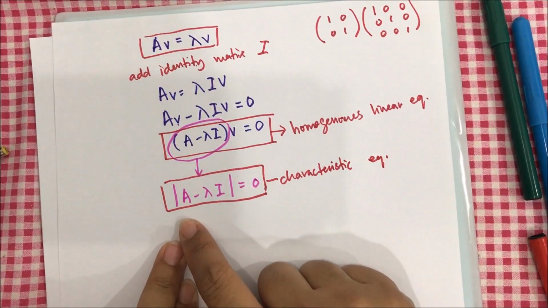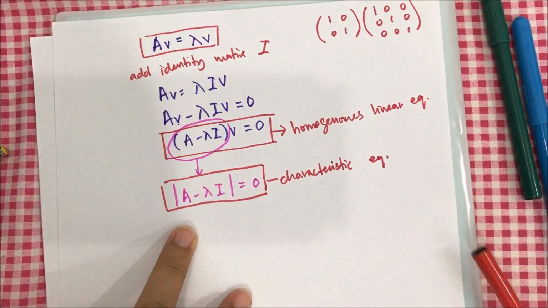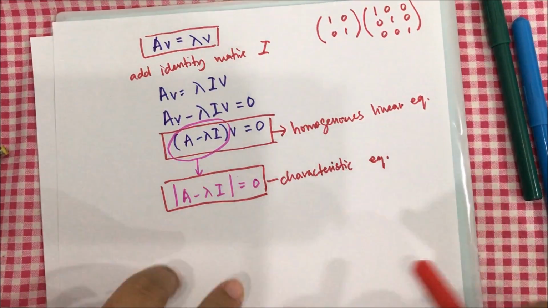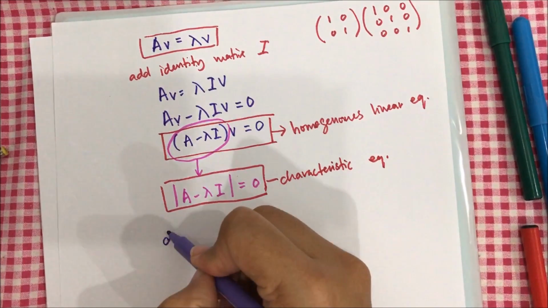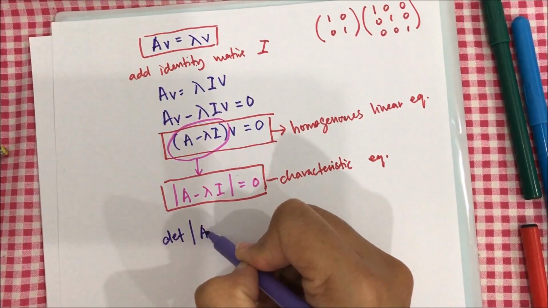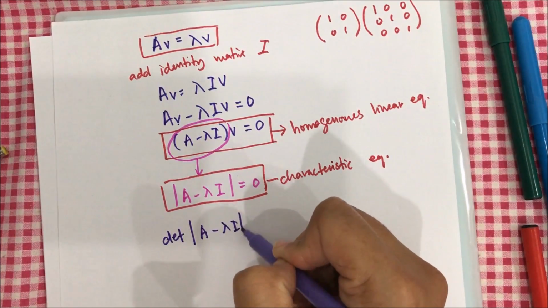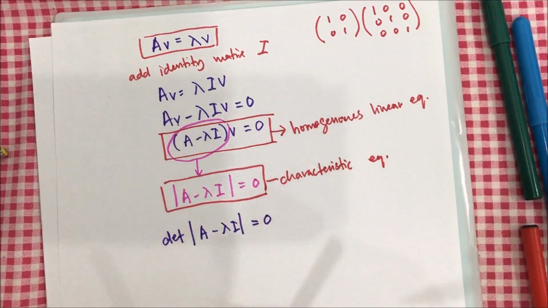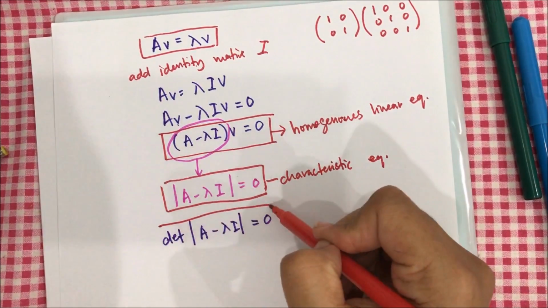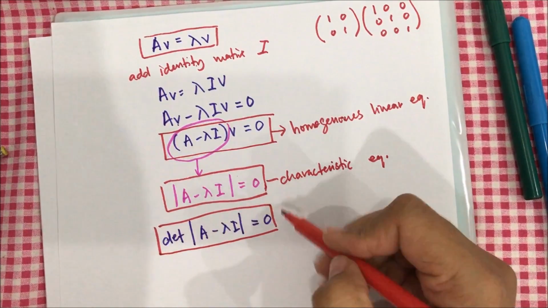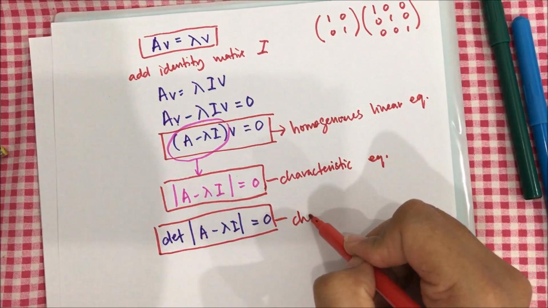When we take the determinant of this characteristic equation, that means the determinant of A minus lambda I equal to 0, this is the characteristic polynomial.